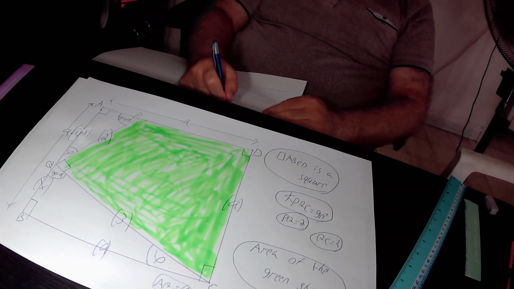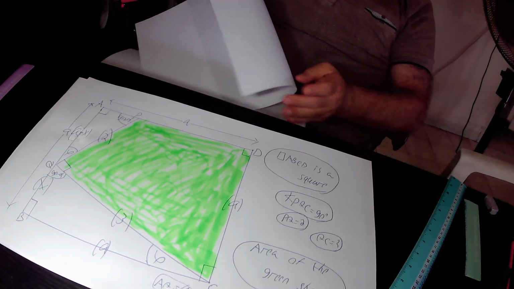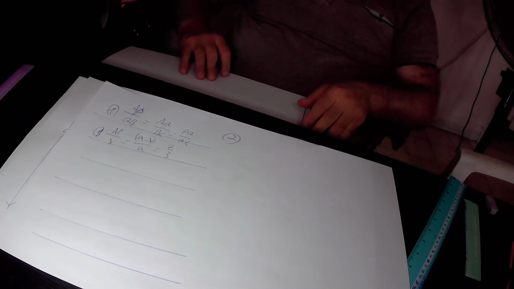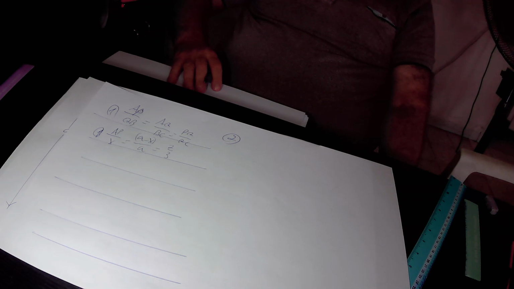BC is A, and it is also equal to PQ, that is 2, over QC, that is 3. So in total, according to equation 1, we can find out that AP over X equals A minus X over A, and it is also equal to 2/3.